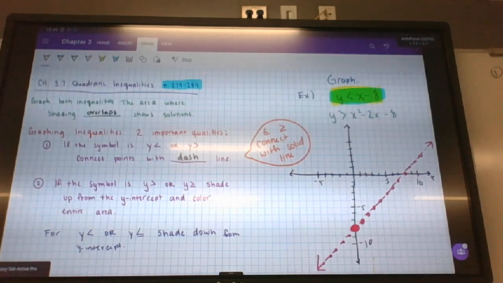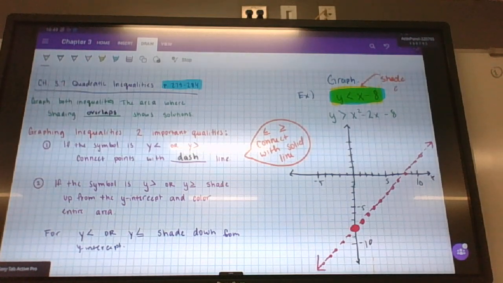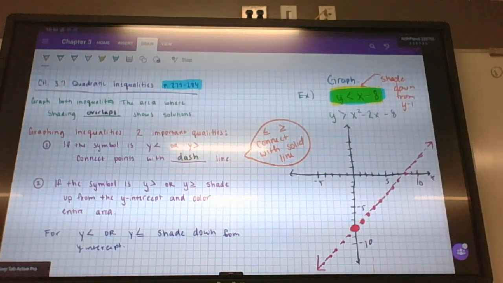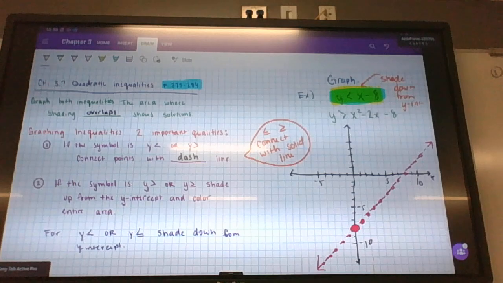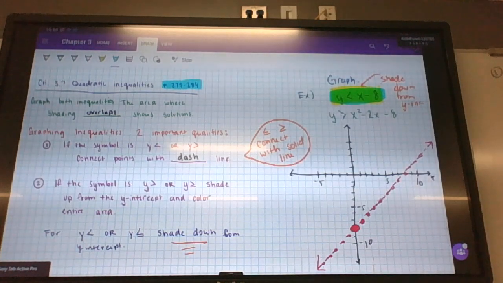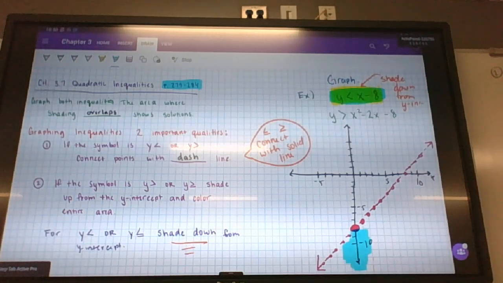Alright, this symbol means shade down from whatever that y-intercept was. It says it right here. Shade down. So I'm gonna put my pencil on the y-intercept and then go lower. Color lower.